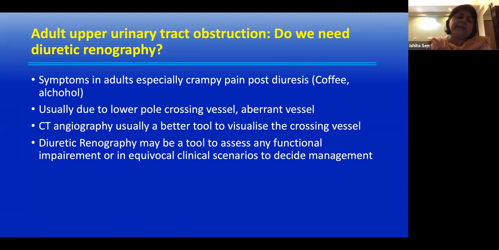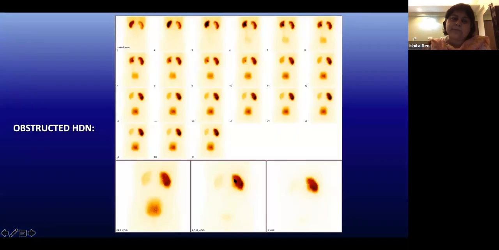All of these can be seen better on a CT or MR urography, and hence the role of diuretic renography is basically to assess any functional impairment or in equivocal clinical scenarios to decide clinical management.